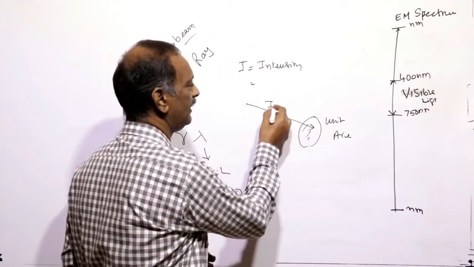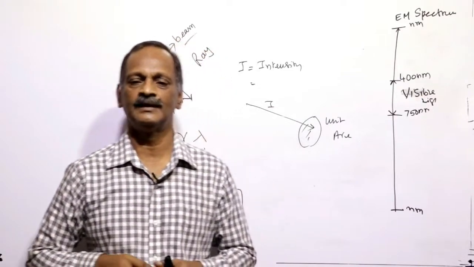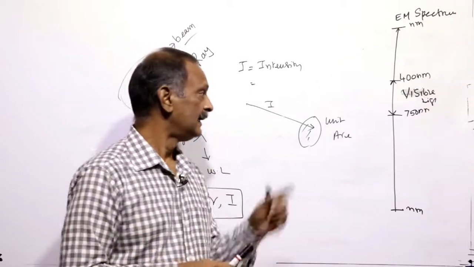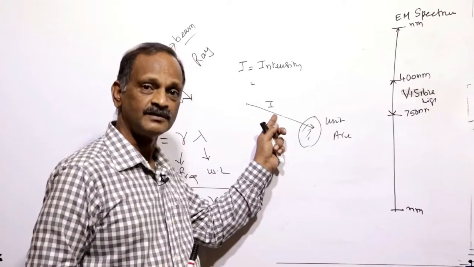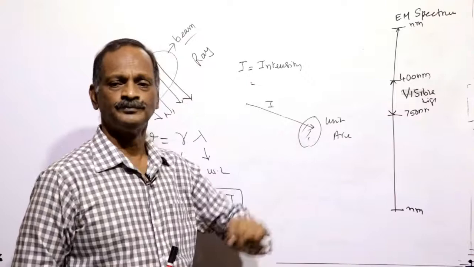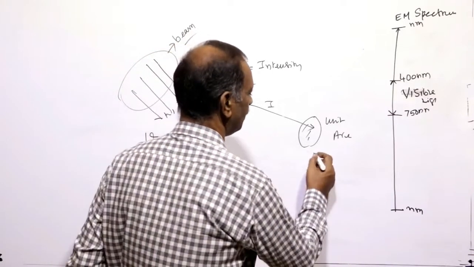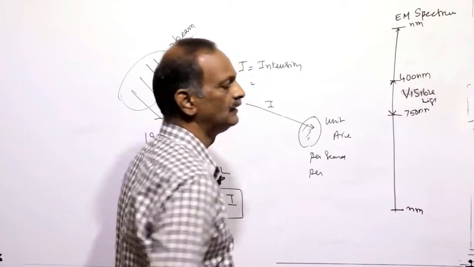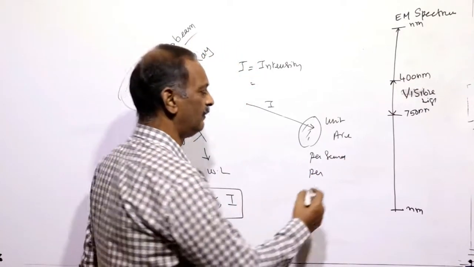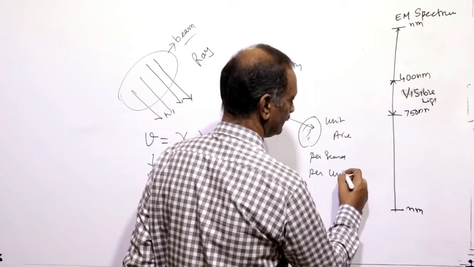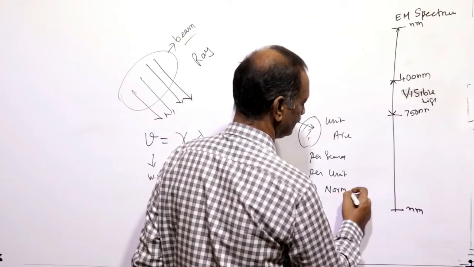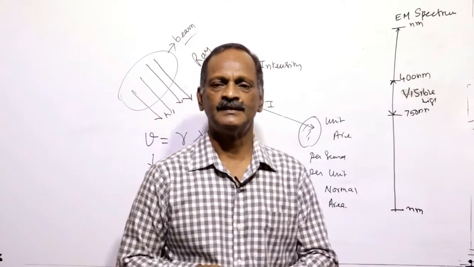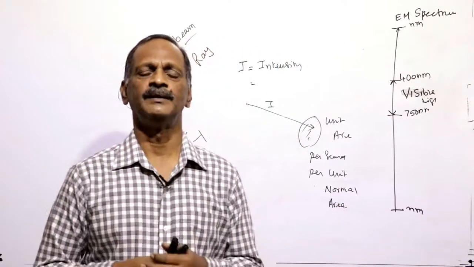So how do we measure the intensity of the light? The intensity of the light is given by the light energy incident per second per unit normal area.